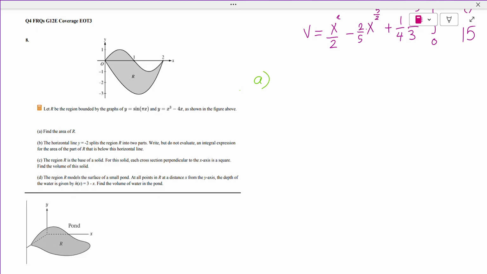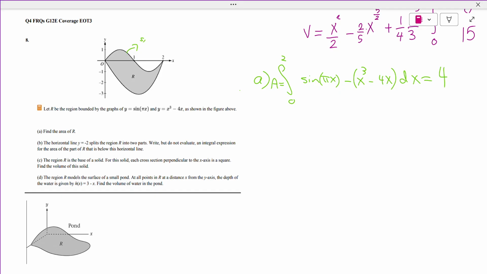we will go from 0 to 2 of upper minus lower. Now the upper function is going to be sine of pi x, minus the lower function, x cubed minus 4x, dx, and this is going to be equal to 4.